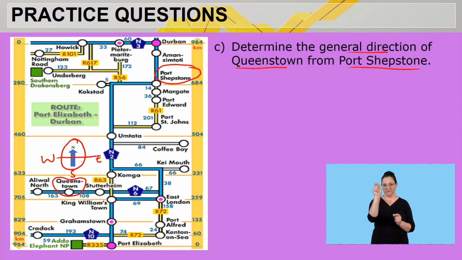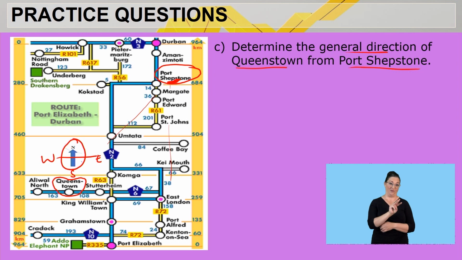Right, so now I'm going to read the question to you again. Determine the general direction of Queenstown from here, Port Shepstone. So we agree that it will be downwards first of all, right? And then it will be to my left as I'm sitting, so to the western side as we are facing the map, right?